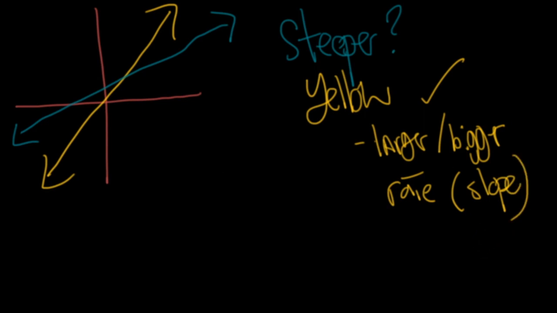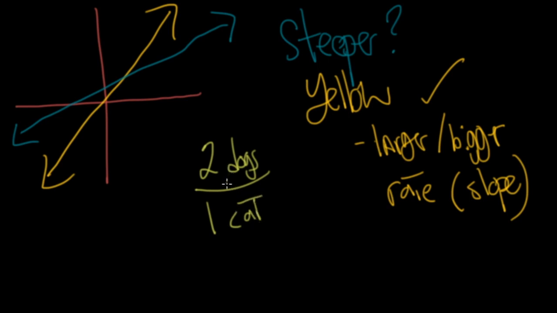So for instance, if we're going back to our cats and dogs, if you had a slope of 4, or a rate of 4 to 1, well, actually, let's just use the numbers that we had before, right? So I believe it was a slope of 2 dogs for every 1 cat. Is that what we said? Yeah?